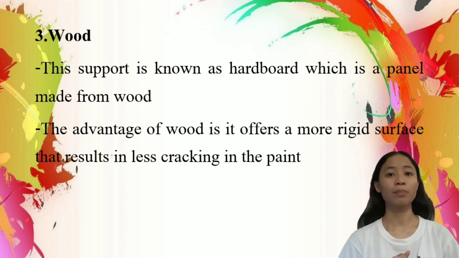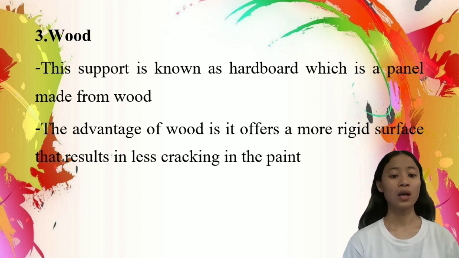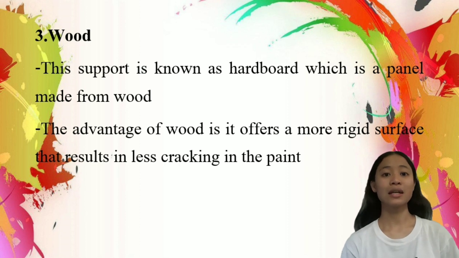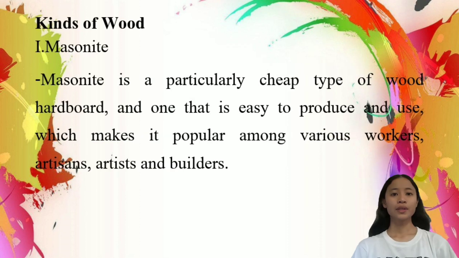Another example is the paintings of Raphael that are painted on primed wood panels. Wood is good to use as a support because its surface is thick and hard, which means less cracking in the paint. So, we have different kinds of wood.